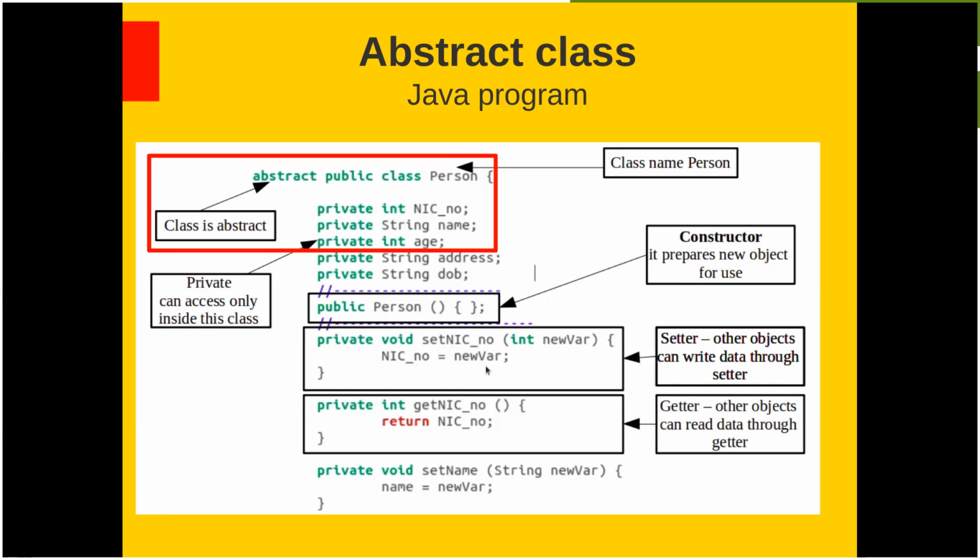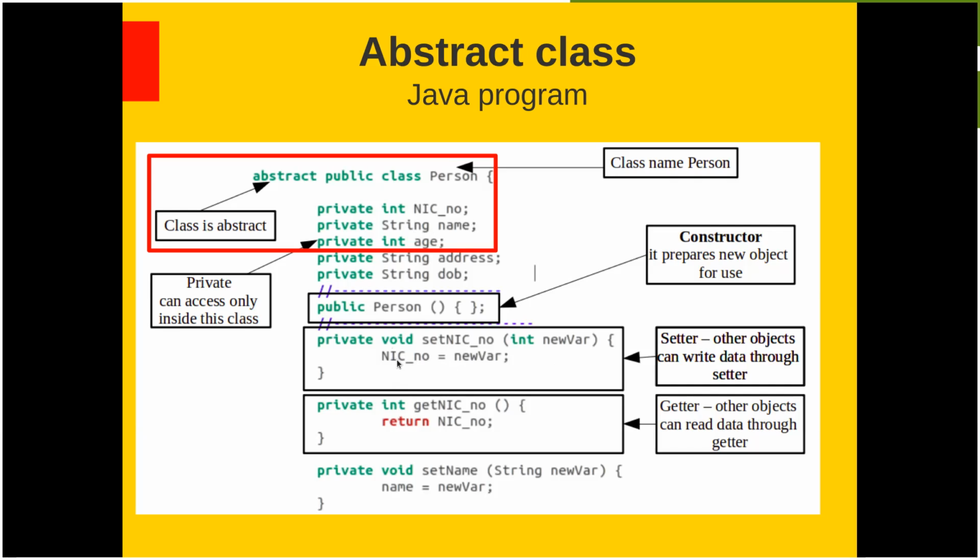Setter. Setter is how other objects can write data. Private void set NIC. This is the NIC number. If you want to access this NIC number, we can access it only through this method.